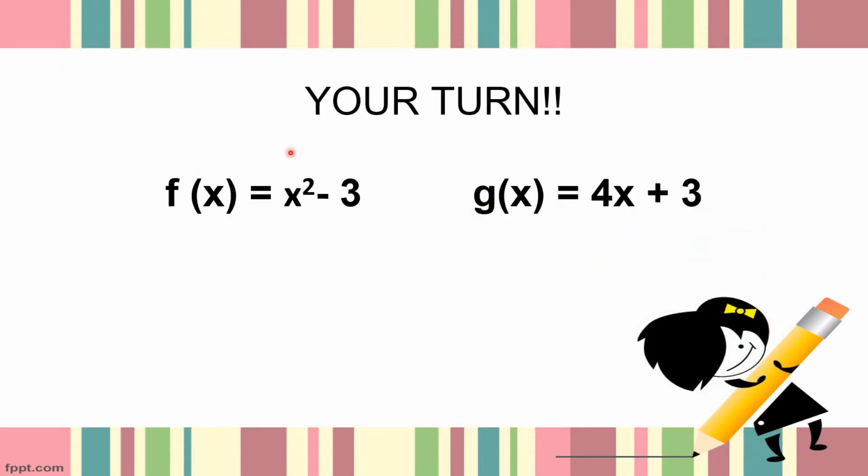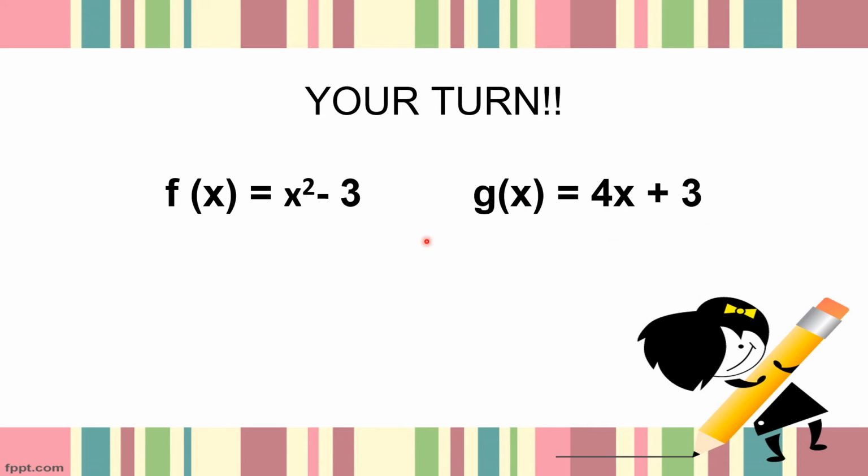Okay, next, your turn again. So we have f of x equals x squared minus 3, and g of x equals 4x plus 3. Okay, so let me give you 3 minutes for this. So, what are you going to use? Yes, binomial by binomial.